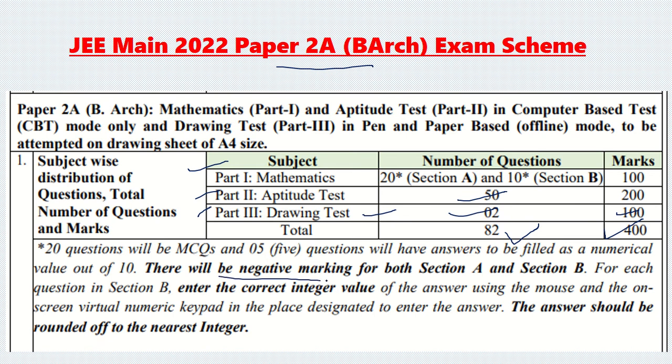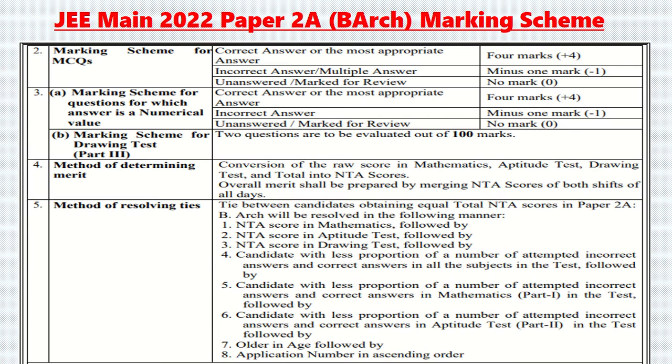Here again there will be negative marking for both section A and section B, that is in part 1. 20 questions will be MCQs, that is section A shall contain MCQ type questions and section B shall contain numerical value type questions, and out of 10 questions, candidates will be required to answer 5 questions only. Now let us see the marking scheme of BArch.